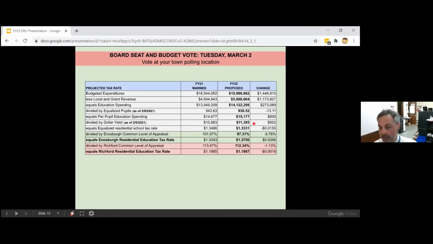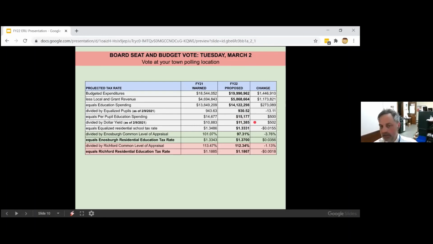The dollar yield had a significant swing. Initially we went with the tax commissioner's recommendation, which comes out on December 1st, and was based on some pretty gloomy scenarios around state revenue coming in because of the pandemic. The number that we're using here, and this is on the flyer, is significantly higher. This is the number that has been passed out of the House Ways and Means Committee, so it seems to be more concrete.